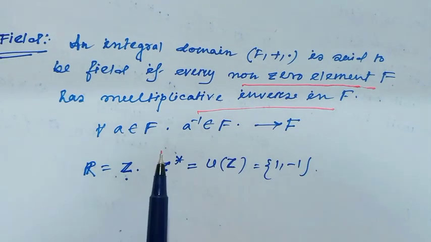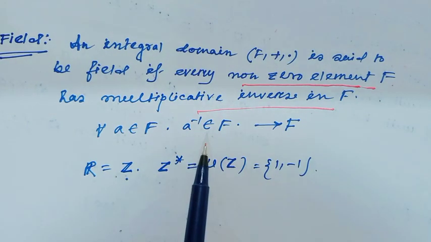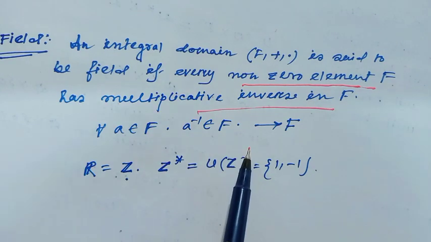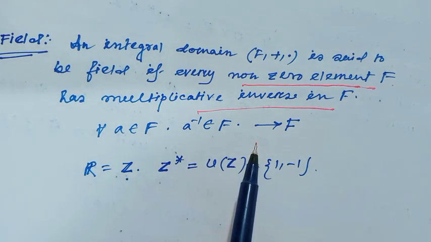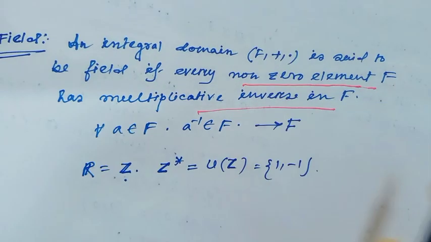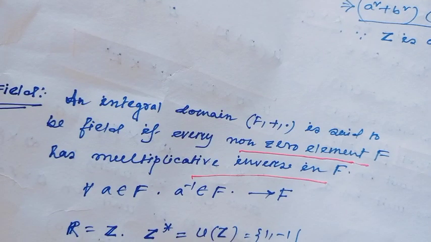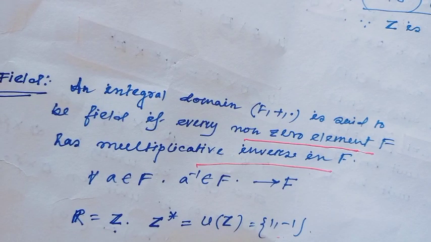That means for all a in F, if a inverse exists, then we can say this integral domain is a field. Now I will discuss some examples of rings which are fields and which are not fields.